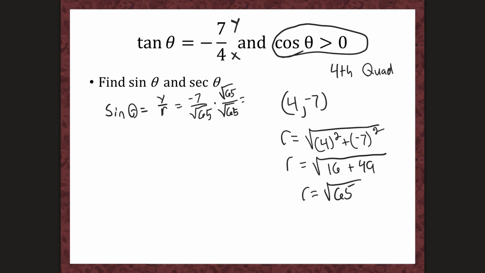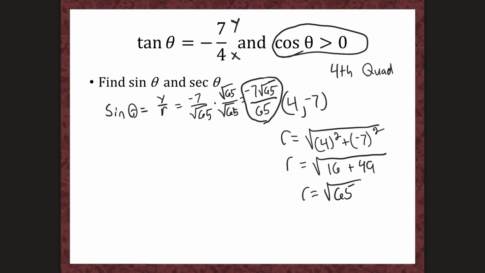And our answer is simply negative 7 times the square root of 65 over 65. Also remember we're in the fourth quadrant, and sine is negative in the fourth quadrant, so our negative value there is good.